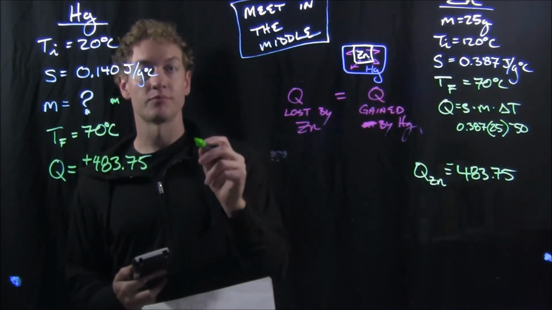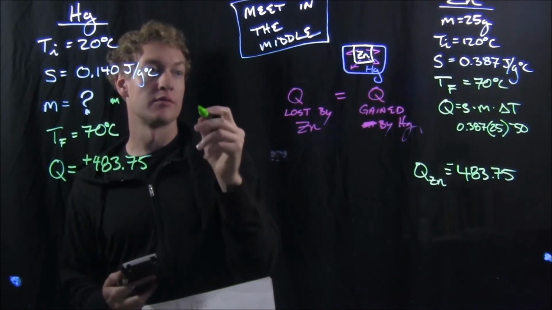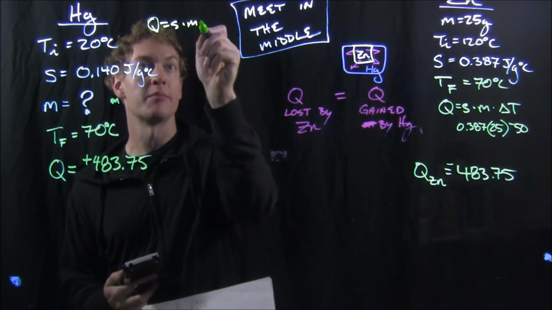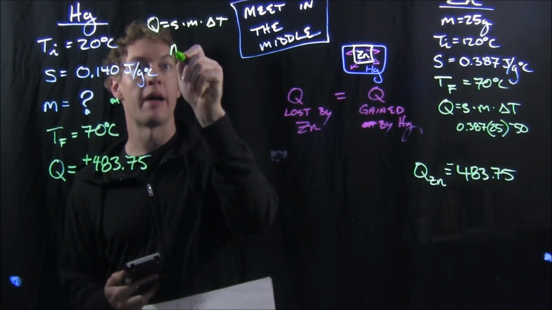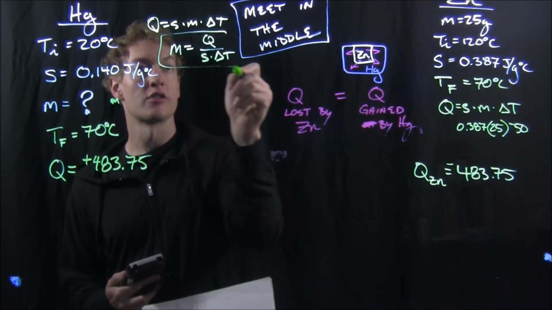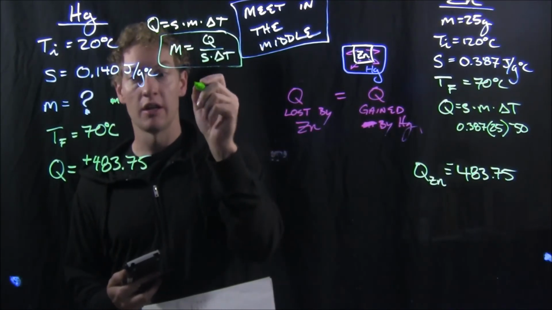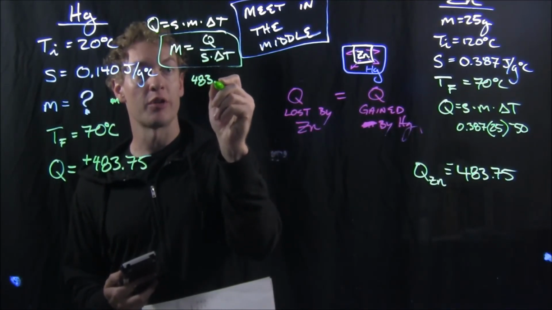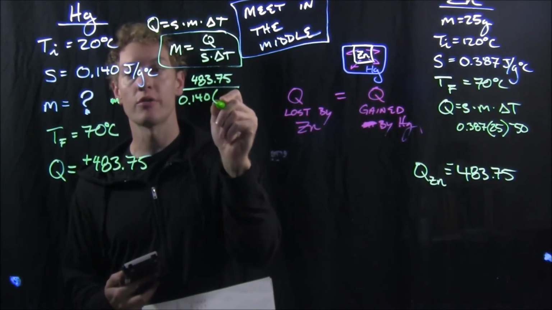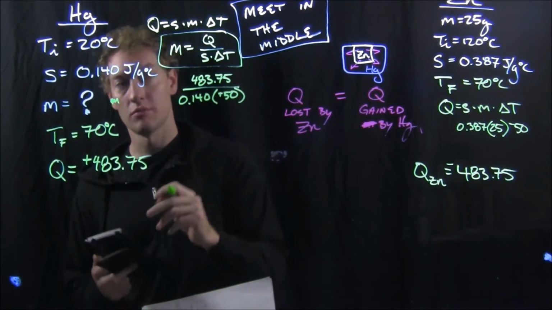So then, if Q equals S times M times delta T, then mass is going to equal Q divided by S times delta T. So use that, plug in numbers, 483.75 divided by 0.140 times positive 50 degrees.